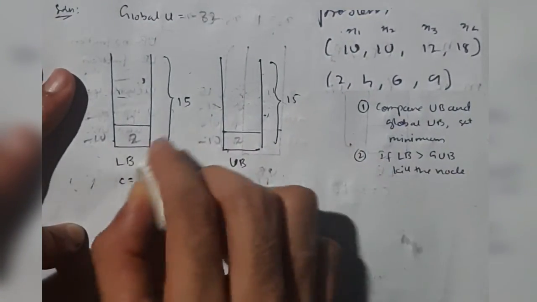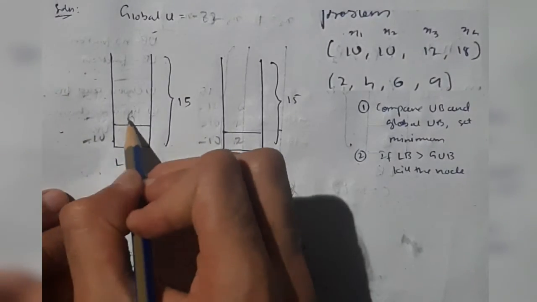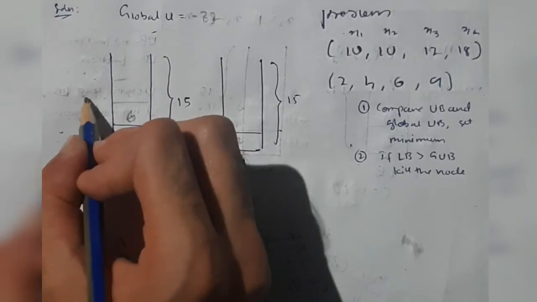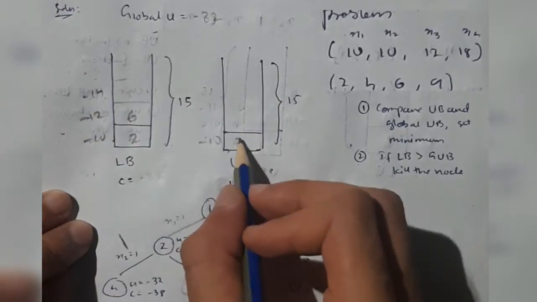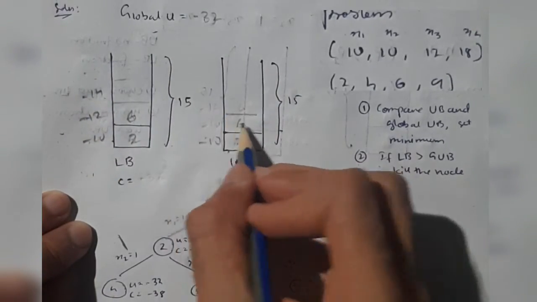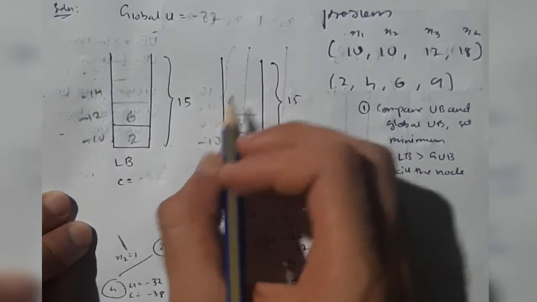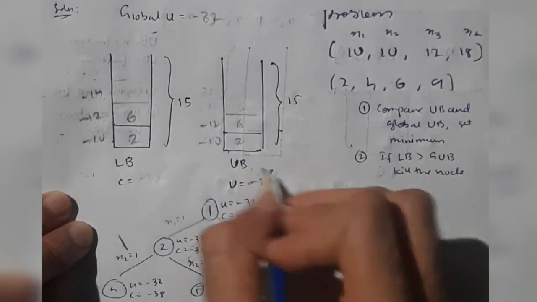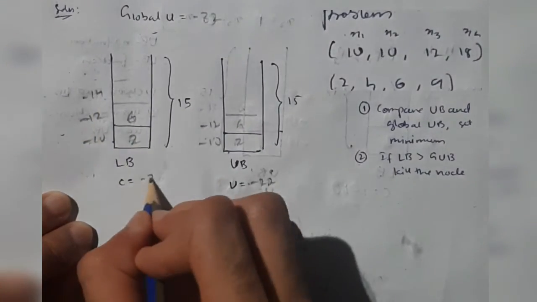So if you exclude the second object, we have to go with the third object, which is 6. We'll be writing here 6, which is minus 12, 6, 7, 8, 7 is left, so the profit will be minus 14 here, and here it will be 2 and 6, and we can't include the third object, so it will be stopping here. It's minus 22, and here it is minus 36.